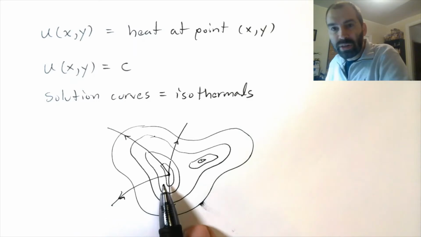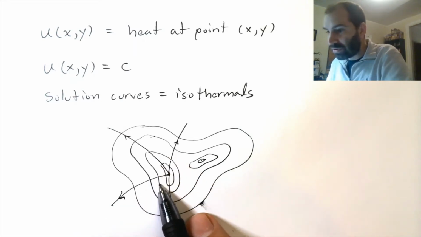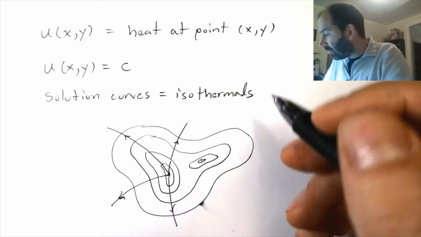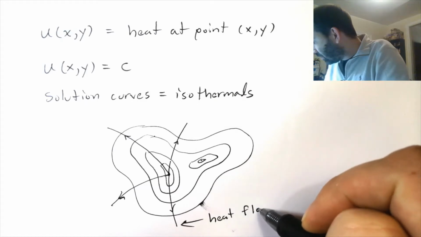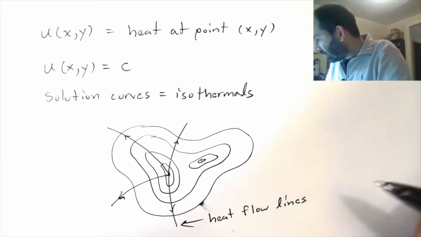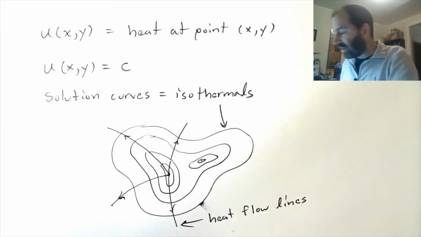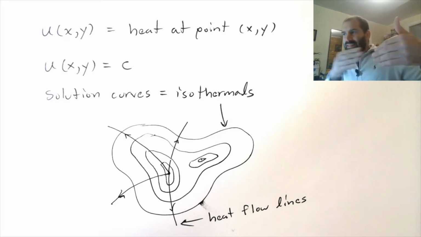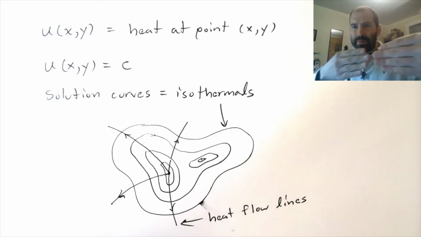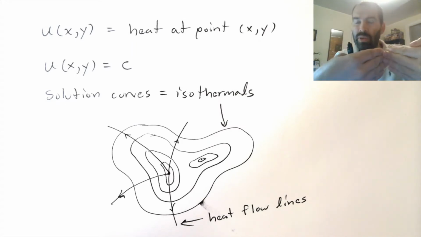Now, what I want to think about is the relationship between the flow of the heat and the isothermal. Okay, and by the way, these would be called the heat flow lines. Right, so I want to know what's the relationship between the heat flow lines and the isothermals. Well, if it's constant in this direction, that means that the direction where the heat is increasing or decreasing the most must be orthogonal to that.